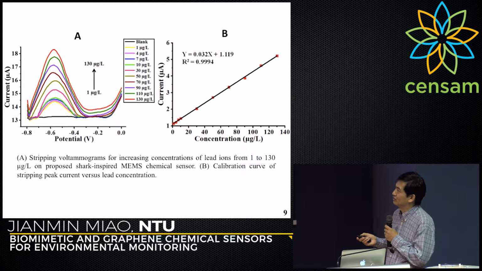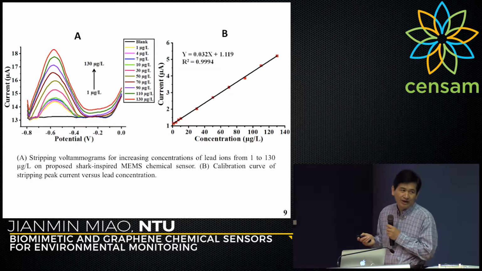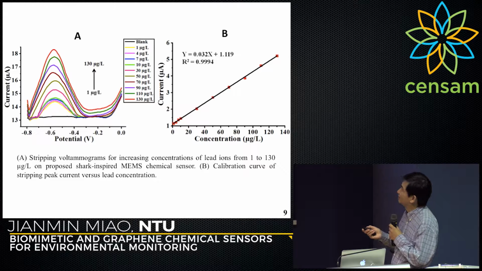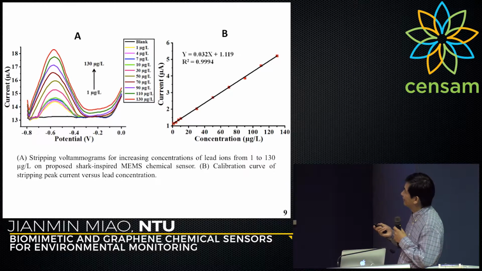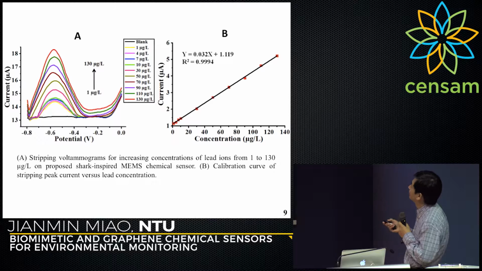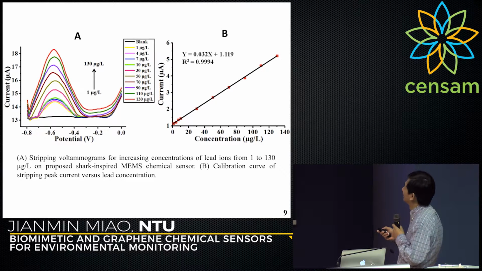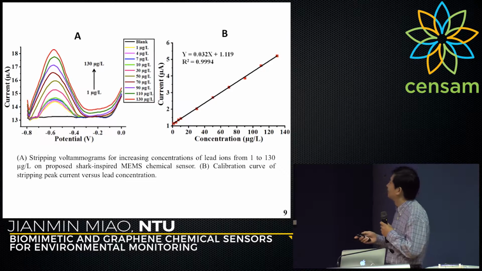We scan the voltage from minus 0.8 volt all the way to 0 volt, and this peak represents the spectrum of the heavy metal lead. The sensitivity is quite high, and we also drew this linear line versus concentration of the sample, which shows a quite linear response.